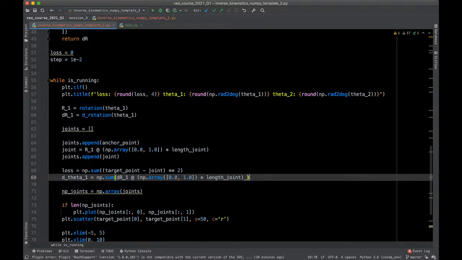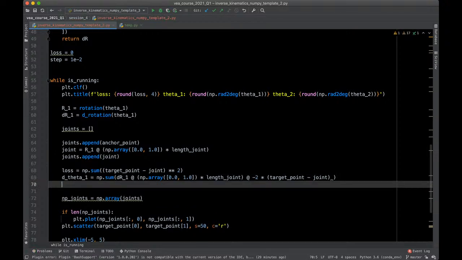It's actually interesting to think about it because we can use the dot product there as well. So dot product minus 2 of a target point minus, oh sorry, there should be the multiplication sign of the minus joint, like that. So now we have the theta, hopefully, and then we want to apply that with stochastic gradient descent: minus the theta multiplied by a step, the alpha. The step is the alpha, right?